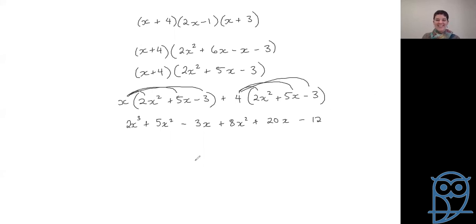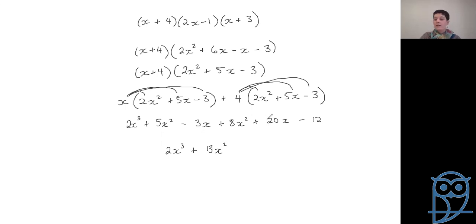And again, now we've got a whole lot of like terms, so we're going to bring them together to simplify our expression. There's only one x cubed, so that sits at the front. Plus 5x squared plus 8x squared. 5 plus 8 is 13, so plus 13x squared.